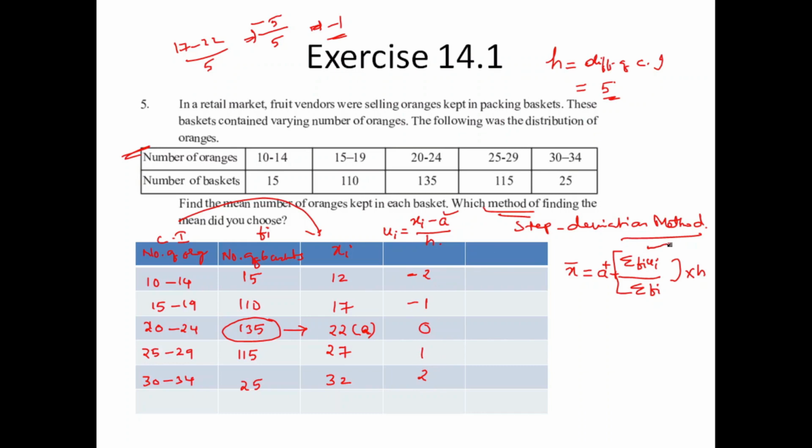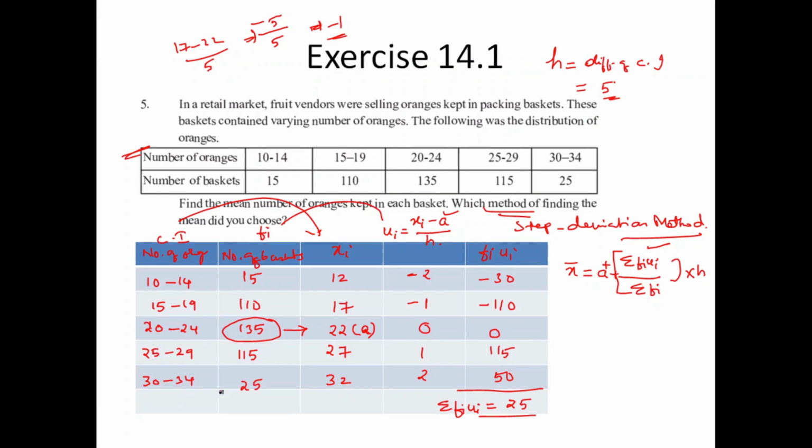Now I need to do f of i into u of i. So this is minus 30, this is minus 110, this becomes 0, this becomes 115, and this becomes 50. Now the summation of f of i into u of i, if you solve this, the answer is around 25.